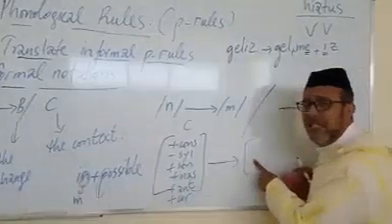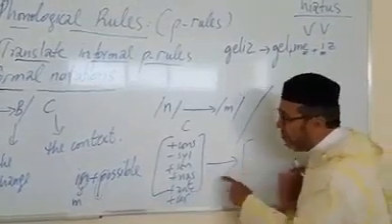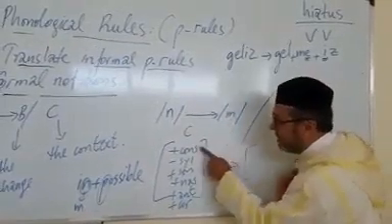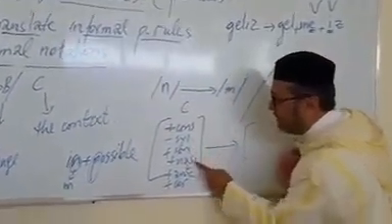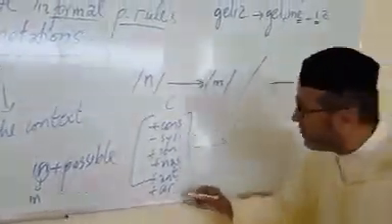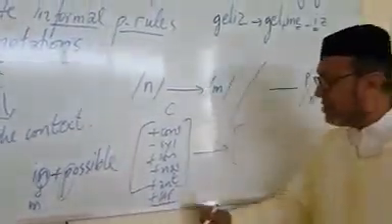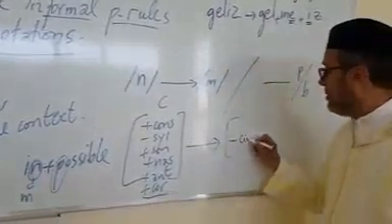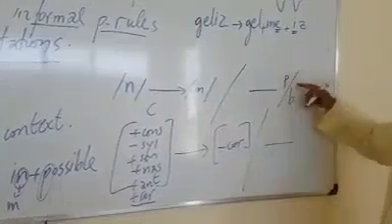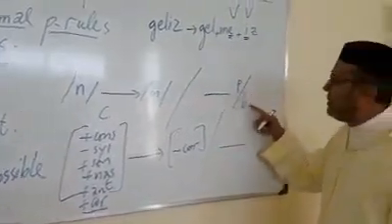So, how does n become m? All of these remain the same, except this one. Plus coronal becomes minus coronal. Where? Here, when it is followed by p or b.